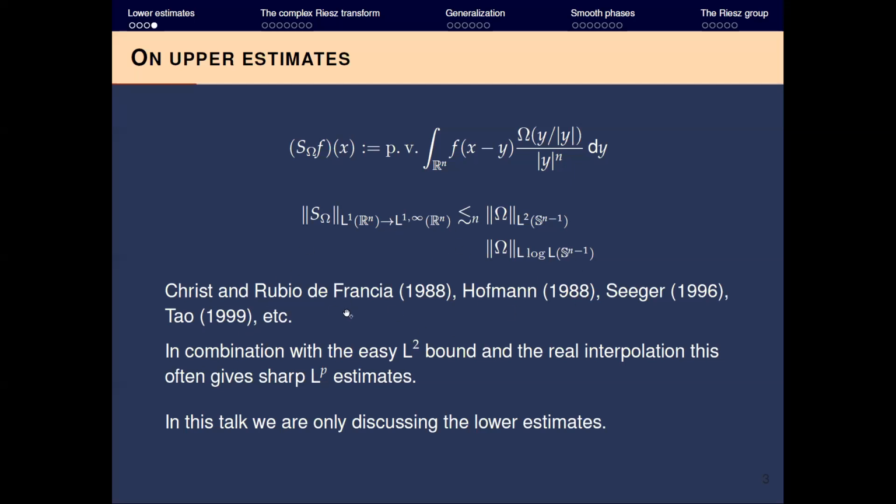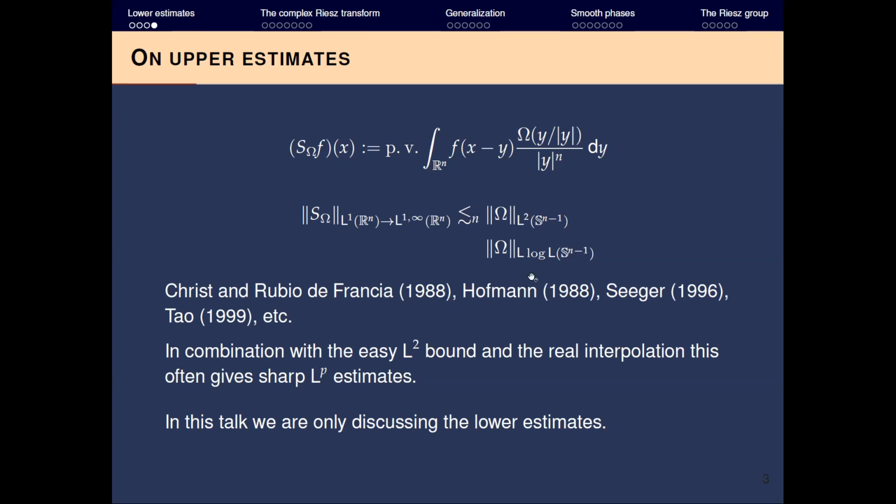So this is a series of results on so-called rough singular integrals, because they only assume some size estimates on the kernel. They don't assume any smoothness, and they do not depend quantitatively on any smoothness estimates of the kernel.